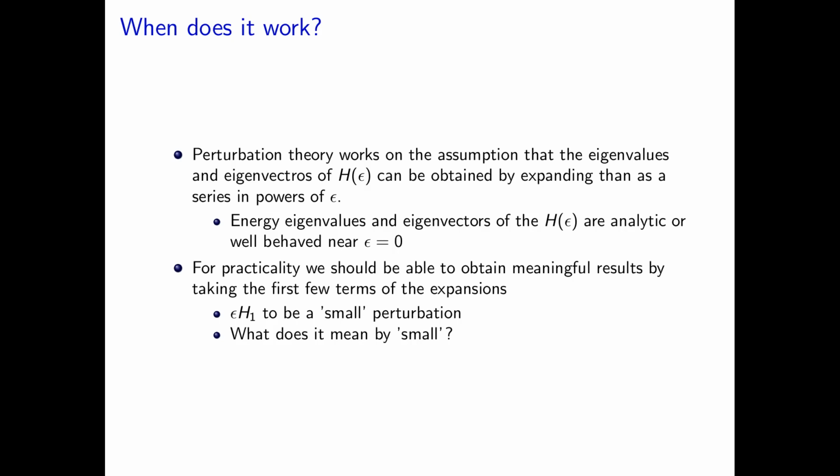If we have to do 10 terms or 20 terms of the expansion, it becomes a ridiculously hard problem, and probably it is as hard as solving the original problem, which we cannot solve, and that is why we are doing this kind of approximate technique. Now, in order for that to be true, the epsilon H1 has to be a small perturbation. So, what does it exactly mean when I say something is a small perturbation, and how small is small enough? We will see the exact meaning of these words in a moment.